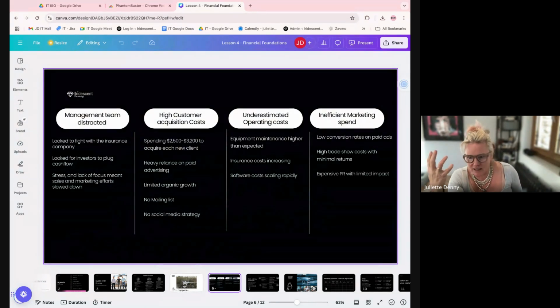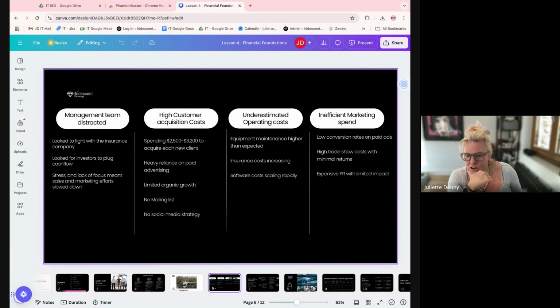And obviously they start looking at their business with new eyes, trying to understand what has been going on. So the first thing that happens when an unexpected horrible event happens is the management team get really, really distracted, and it's all a little bit chaotic. There's a bit of infighting going on. They're looking to fight with the insurance company, but even that is really tricky.